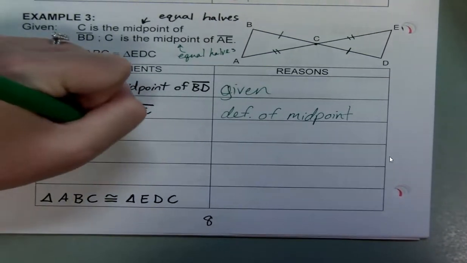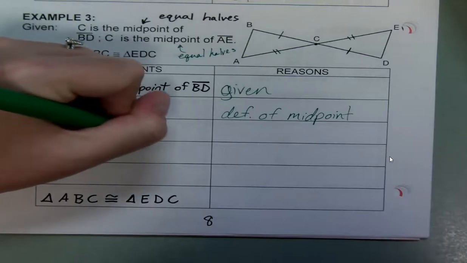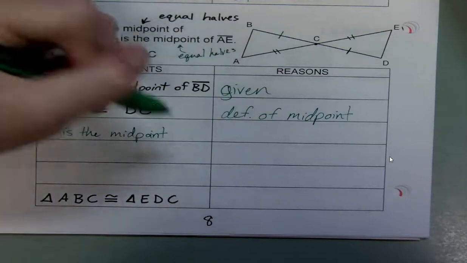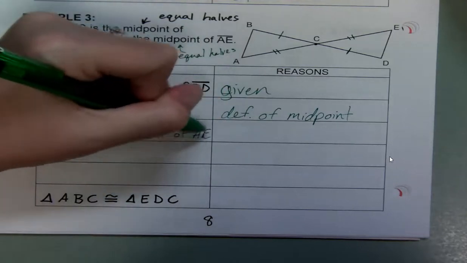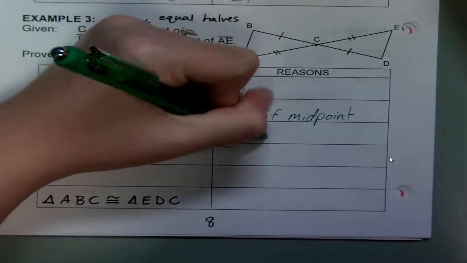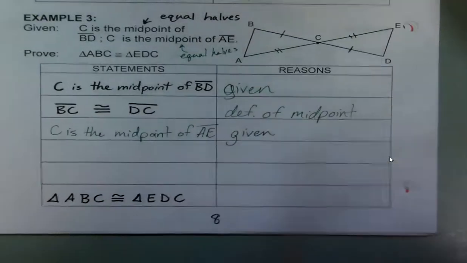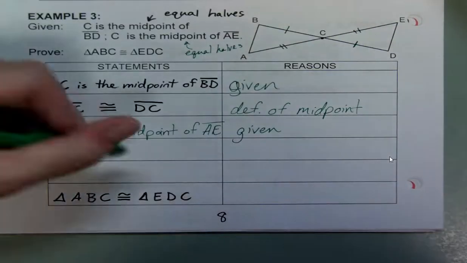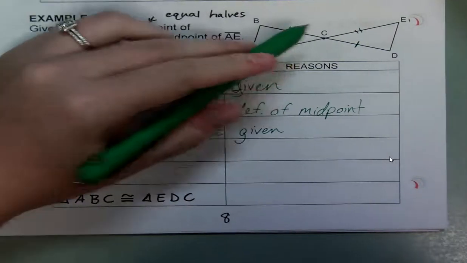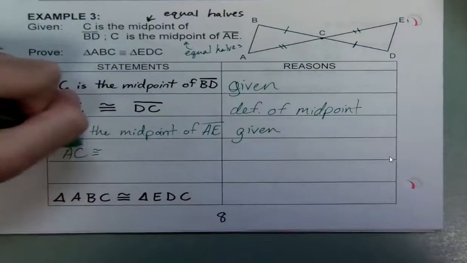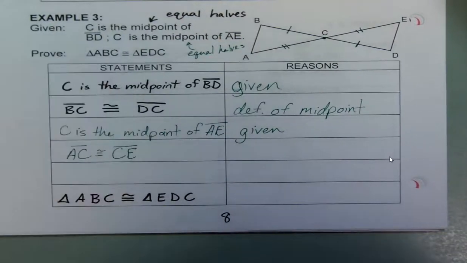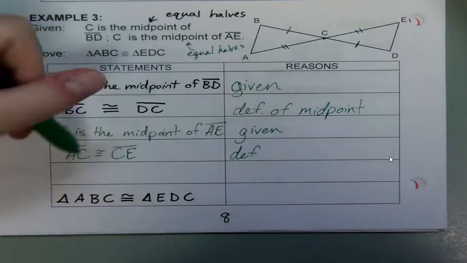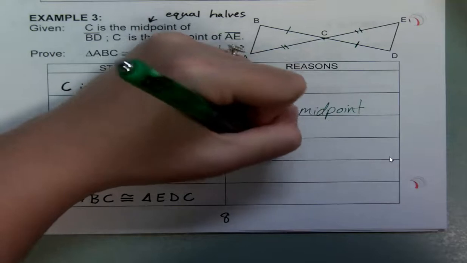So C is the midpoint of AE. And that's given. And the way I was able to mark them congruent, AC is congruent to CE, is because I knew what the definition of midpoint was. I knew that it cuts this segment in half.